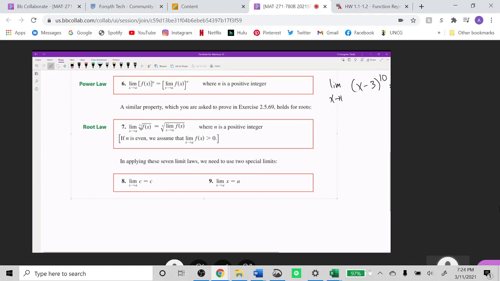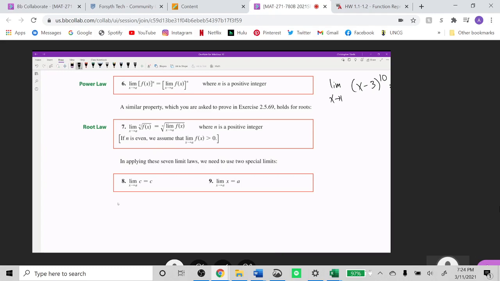If I have some function in the argument of a root, and this can be any arbitrary root, right?